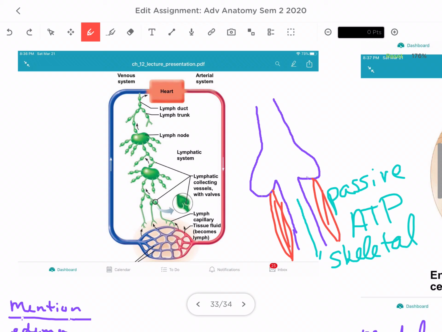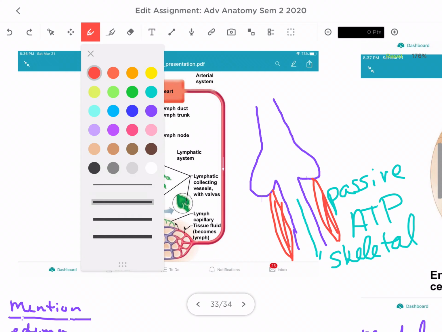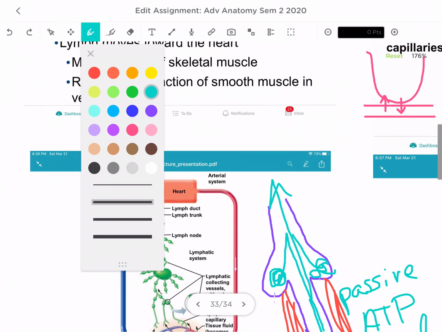So you have skeletal muscle fibers, and as they work and move, the fluid gets squished up here, and then maybe they relax, then the fluid kind of drains back down into here until the next push, until it's propelled to the next one.